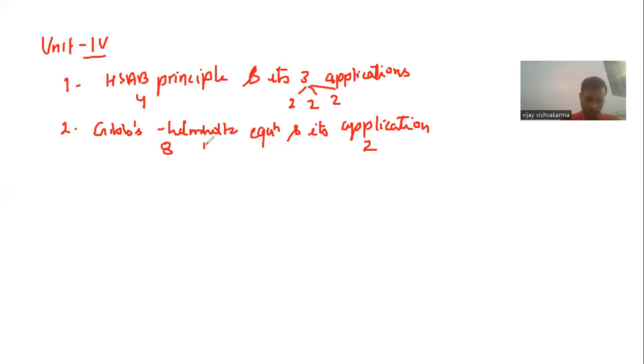So you have to mention here: derive the Gibbs Helmholtz equation. Basically in the question paper it is given as derivation of Gibbs Helmholtz equation, or they write derive the Gibbs Helmholtz equation and write its application.